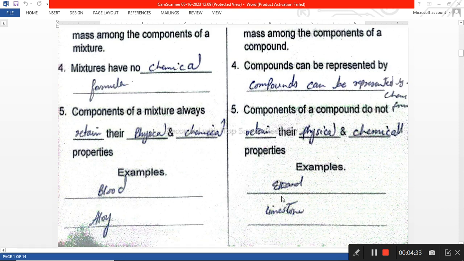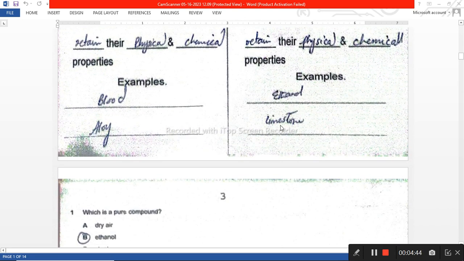So examples are ethanol, limestone. Ethanol has a formula, and the formula is C2H5OH. And limestone also has a formula.